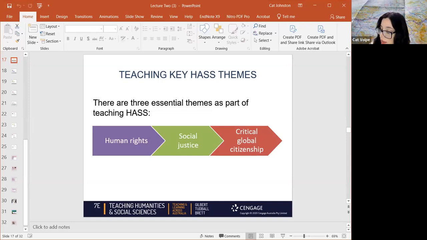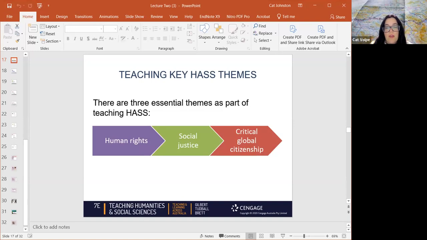that are on the screen. And these quotes are from the Gilbert textbook, which is from the recommended reading. Values education figures even more centrally in the general capability of ethical understanding, as building ethical understanding throughout all stages of schooling will assist students to engage with the more complex issues that they are likely to encounter in the future and to navigate a world of competing values, rights, interests, and norms.